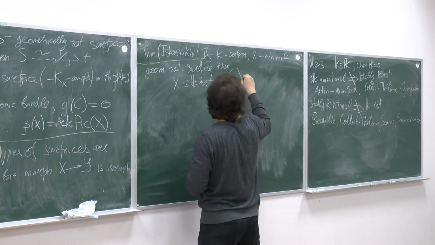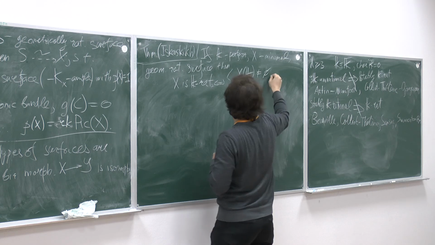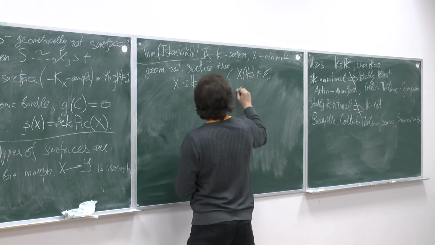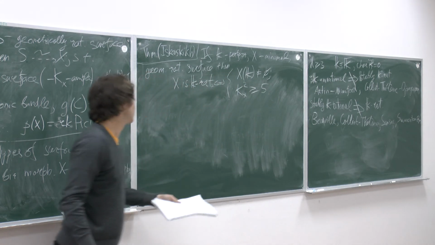The first one is that there is at least one K-point on X, which is obviously necessary. And the second condition is that K_X squared is no less than 5.